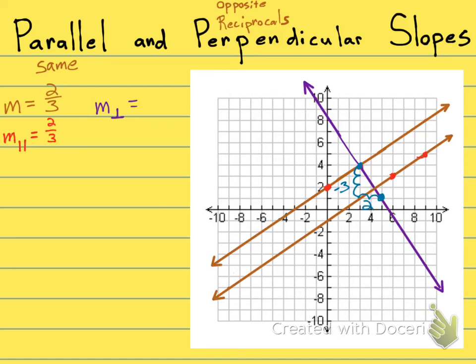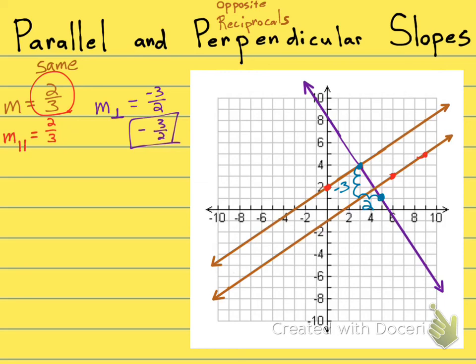Okay, so rise over run is going to be -3 over 2. Now look at these values. 2/3 and -3 over 2. And of course we would write this, you'll bring that negative out front. Let's call it -3 over 2. They are opposite reciprocals.